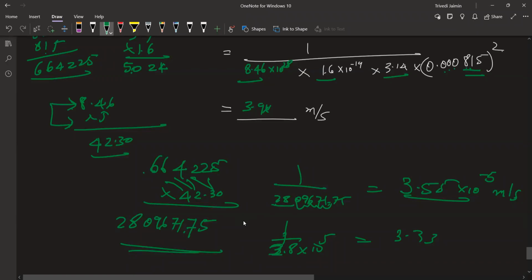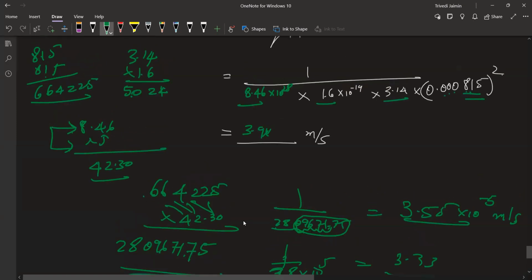Do like this. No need to do the whole division. Anyhow we will get a similar number, with a small difference. I'm wasting time. So instead, just divide 1 by 2.8. Remaining is 10 to the power 5.